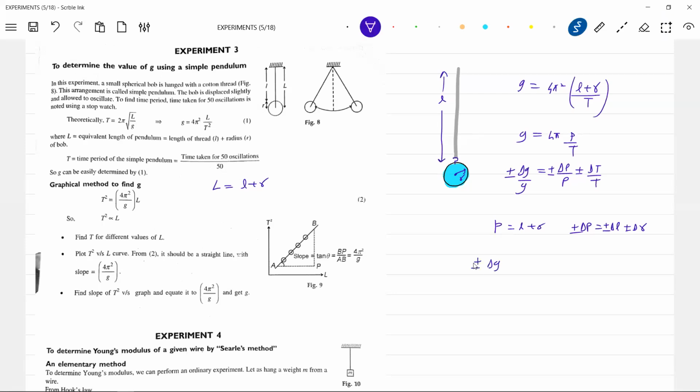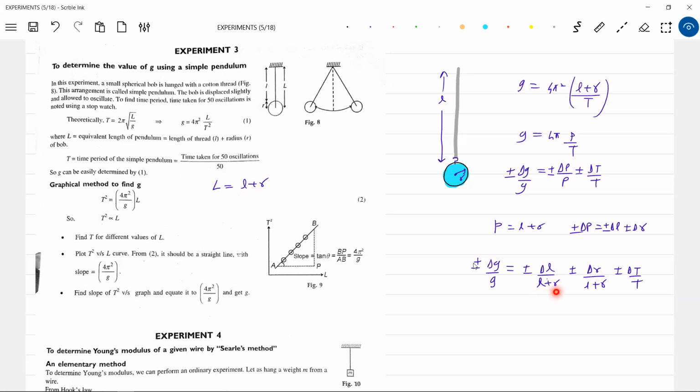So plus or minus delta G by G equals plus or minus delta L. Be careful. We don't have any such question till now, but it can be asked like this. If they give the radius of the bob and the length of the string, the formula will get modified here.